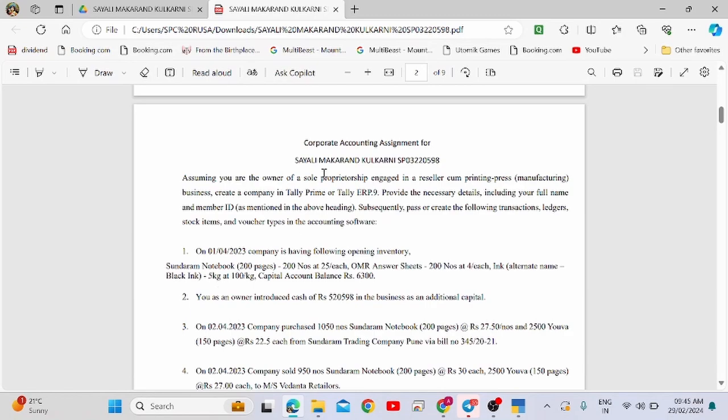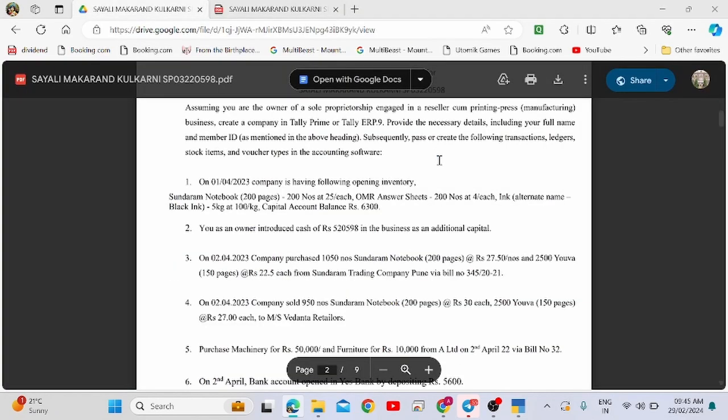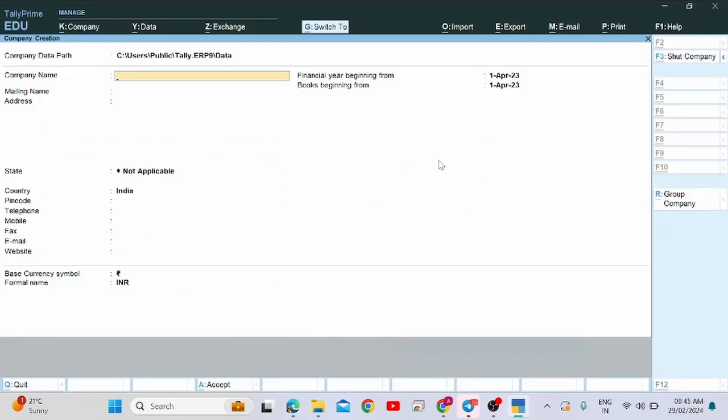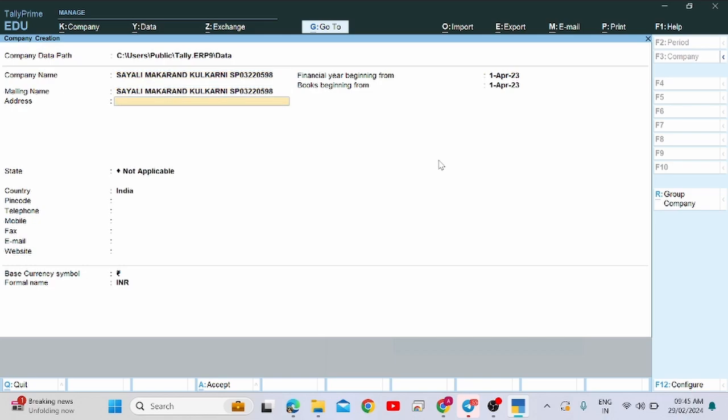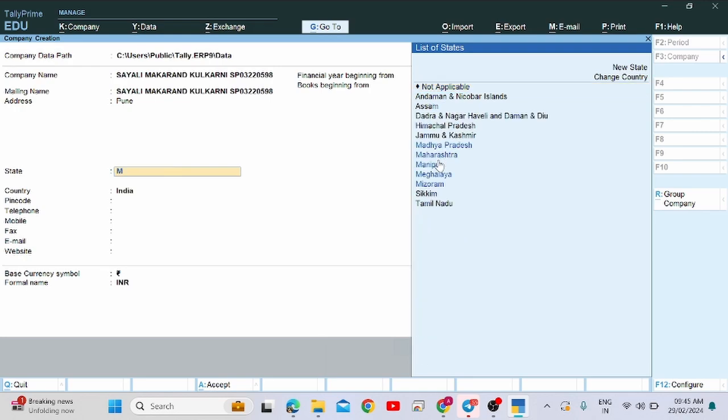Here they are asking us in the project to create the company with your own name, therefore copy your name, and then in Tally simply paste it in front of company name, correct, and then the address.